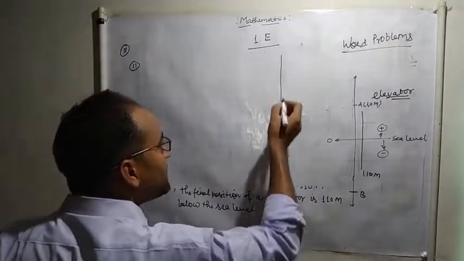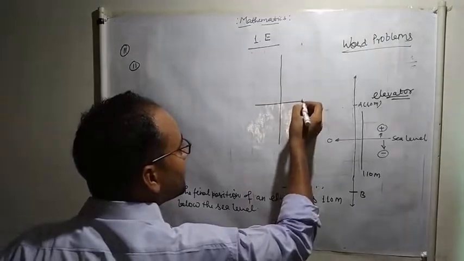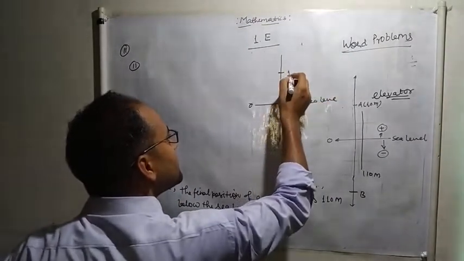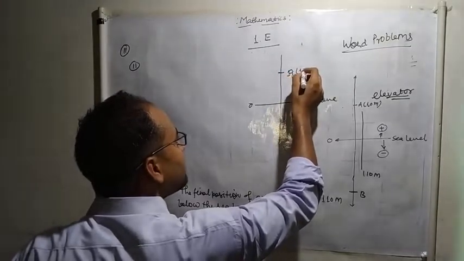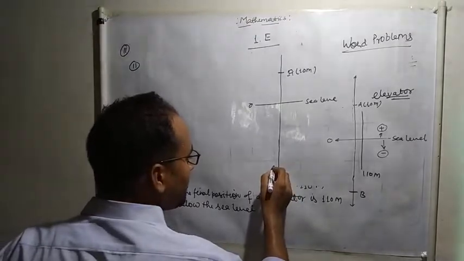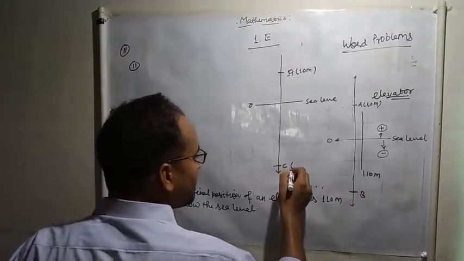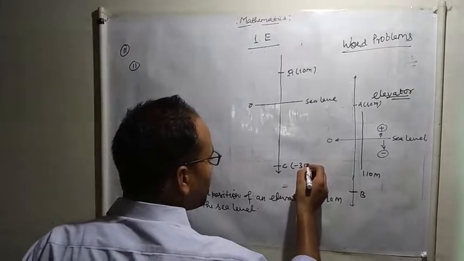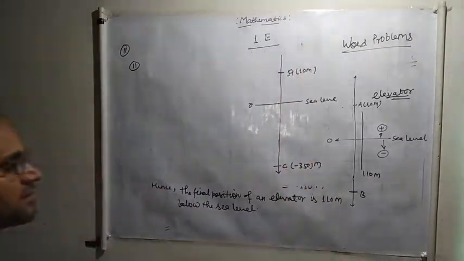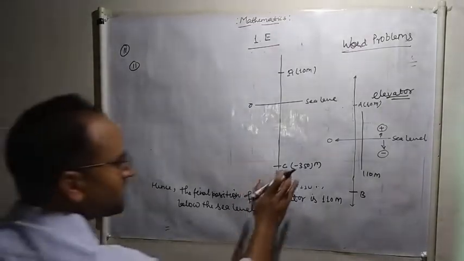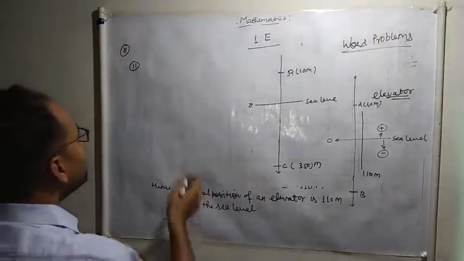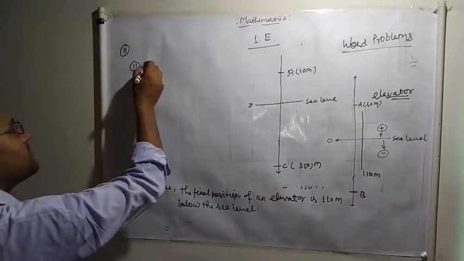Suppose this is your submarine. Here is sea level, 0. Here is point A at 10 meters above, and here is point C, minus 350 meters. So what is the total distance from 10 meters to minus 350?